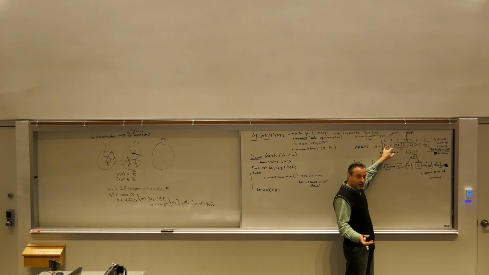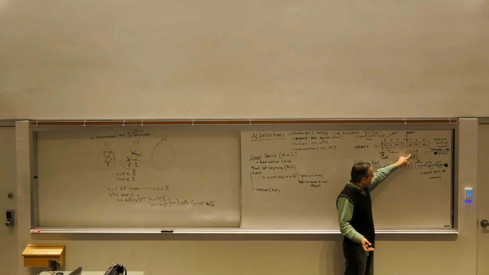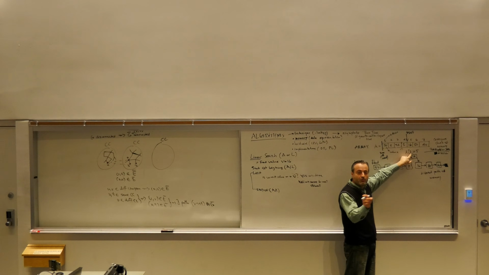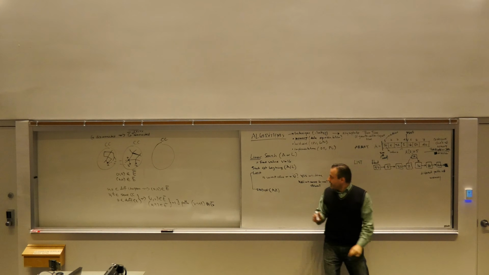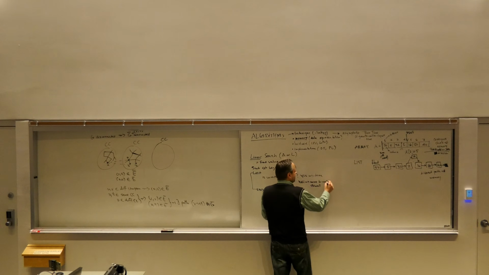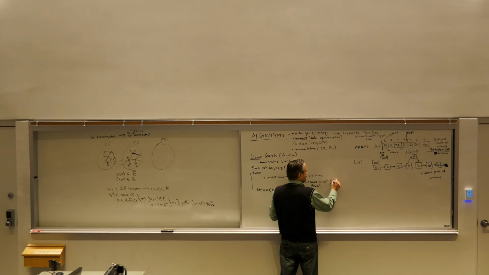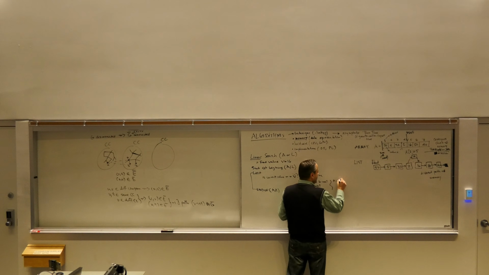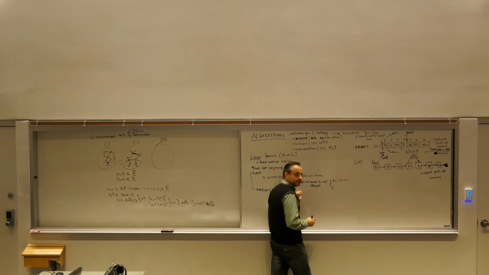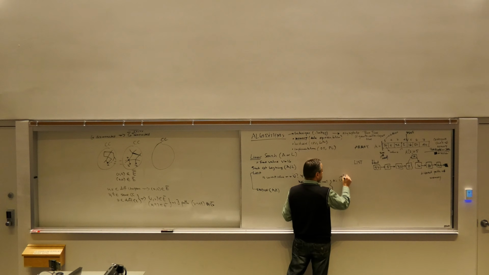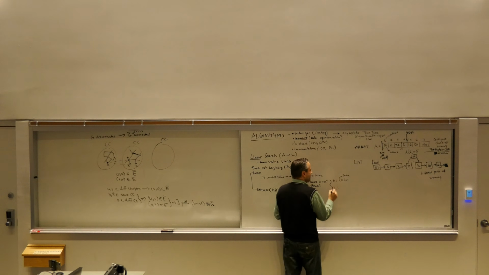In an array, how do I move on? I have to have some index, right? Move the index: i equals i plus 1. So moving on is different from a list. In a list, how do I move on?